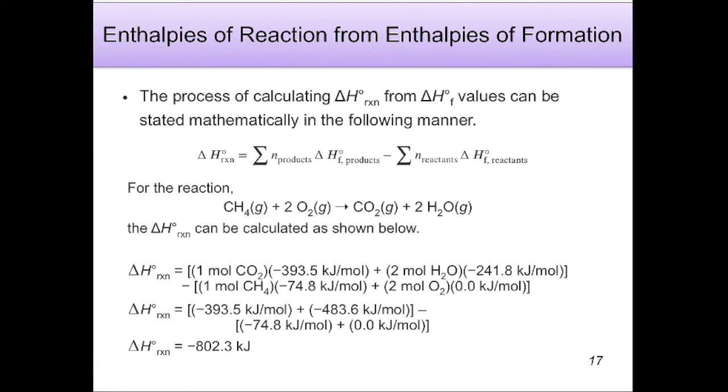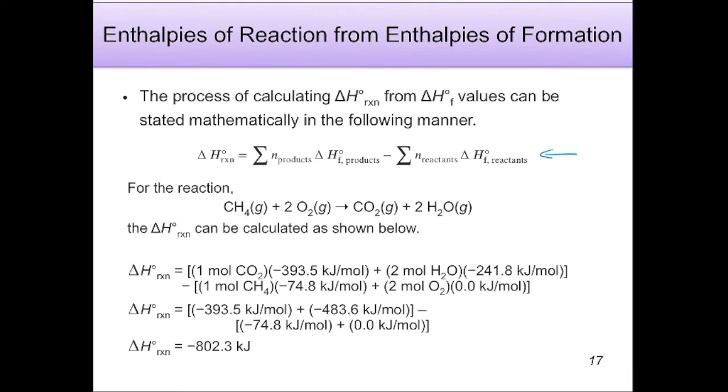So the process of calculating delta H of reaction from delta H of formation can be done using this equation right here. So basically all we're doing is we're taking the delta H of formations of the products, multiplying them by their respective stoichiometric coefficients, and subtracting that from the delta H of formation of the reactants multiplied with their respective stoichiometric coefficients.